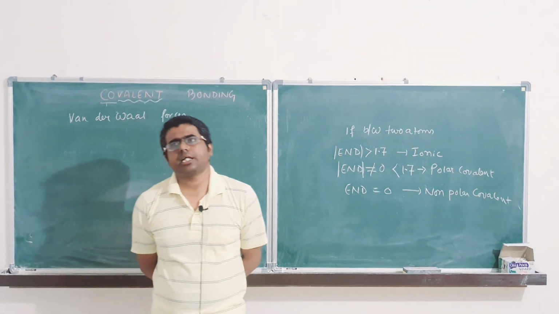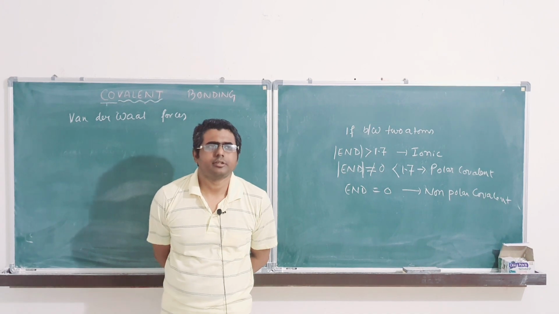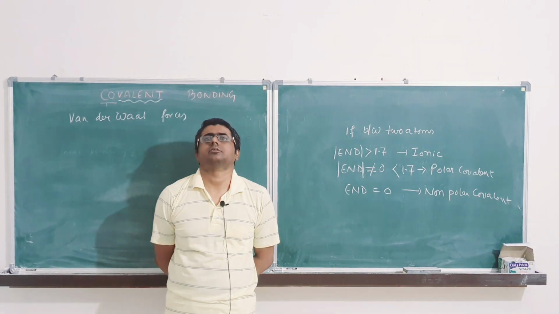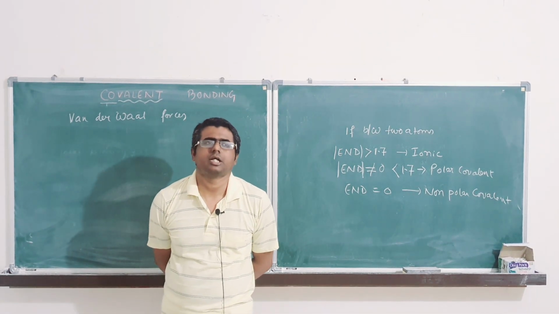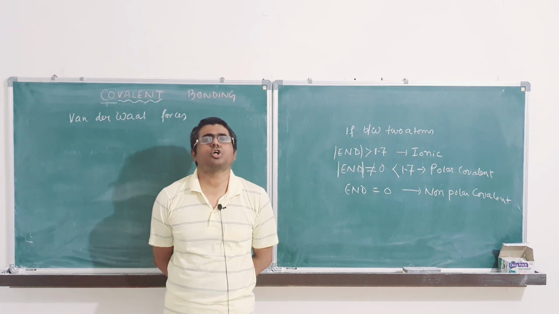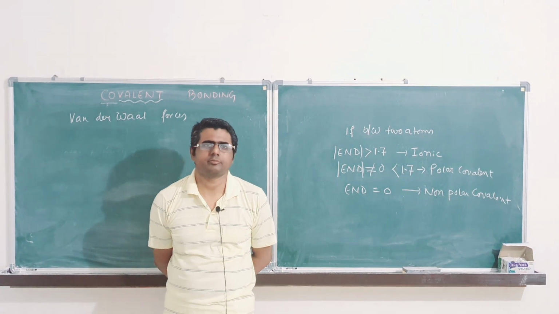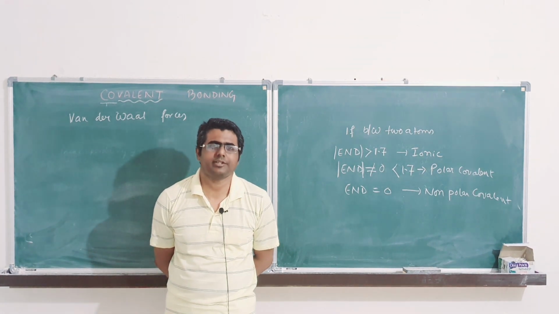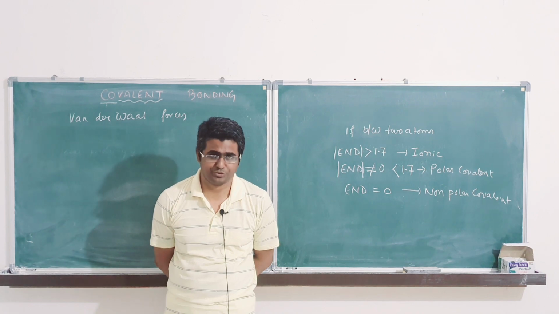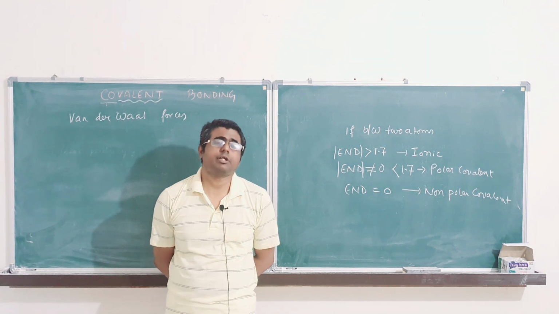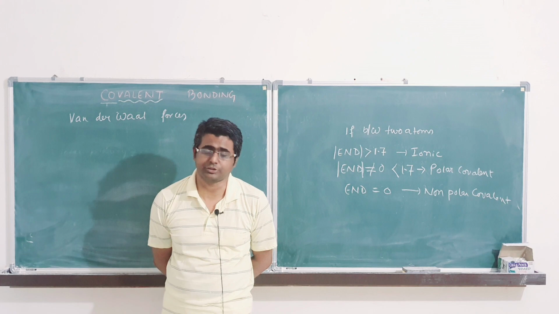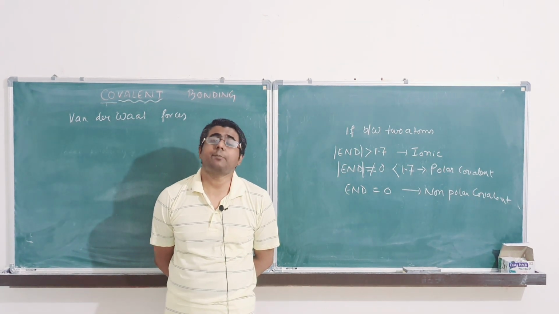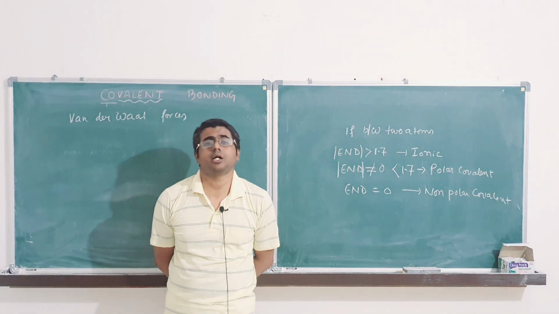In electrical conductivity also write, normally covalent compounds are non-conductors of electricity because they don't have any ions, right? They don't have any ions, and for electricity you need free ions, full stop.